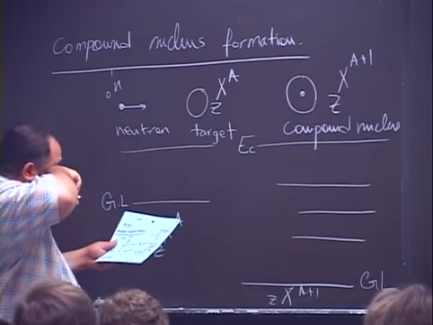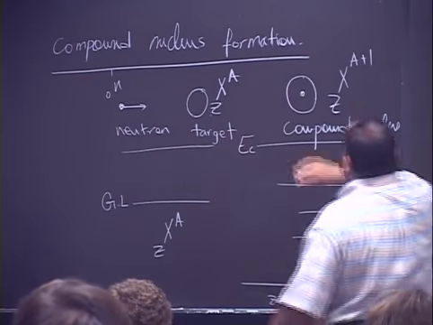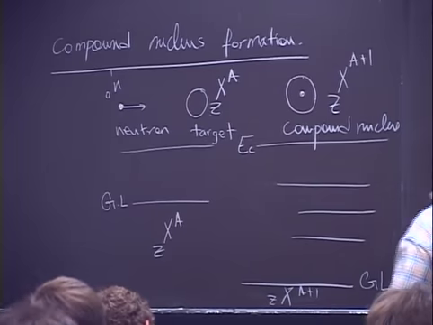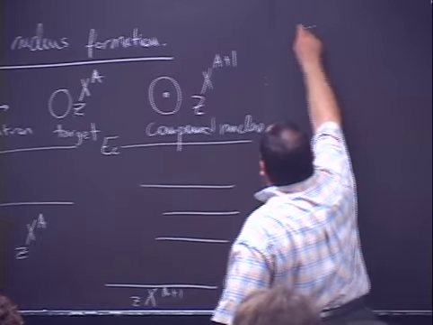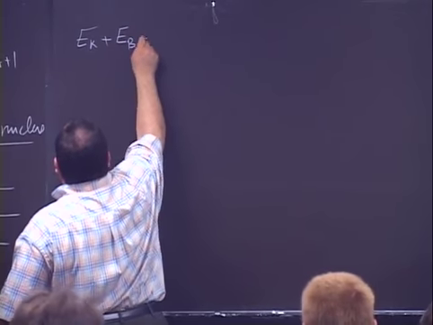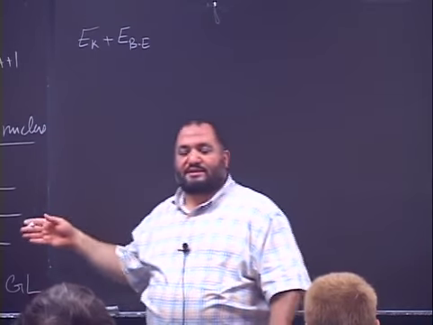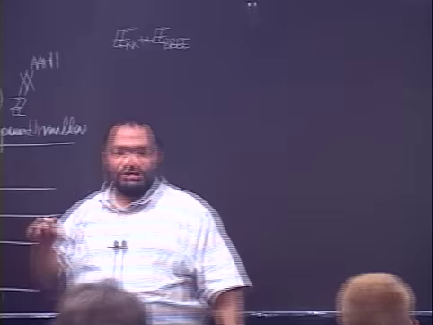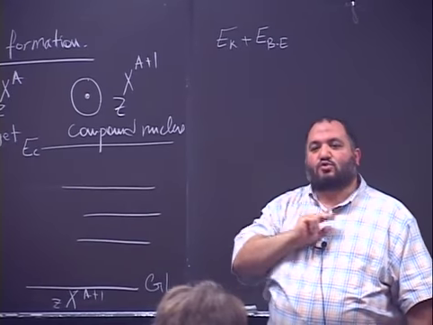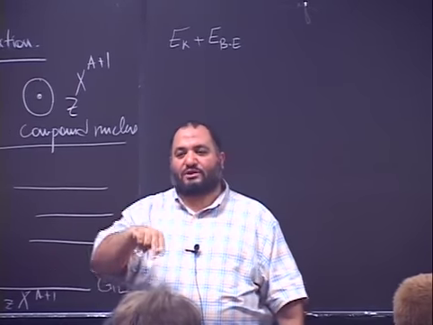The energy that will be given to this compound nucleus will be two things: E kinetic plus E binding energy. The neutron, once it gets into the nucleus, will give the nucleus two components. The first one is the binding energy of the neutron inside the nucleus.